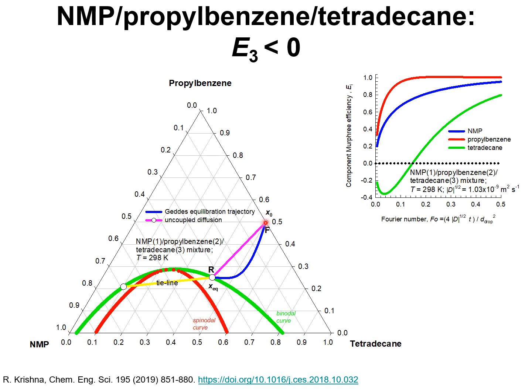If we join this point with this NMP at this position here, the mixture composition ends up in the two-phase region. This will equilibrate along the tie line, shown by this yellow line.